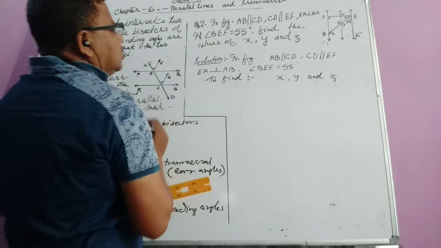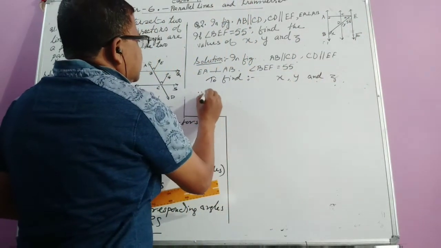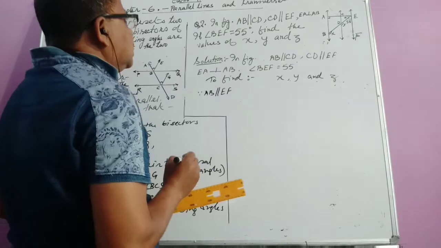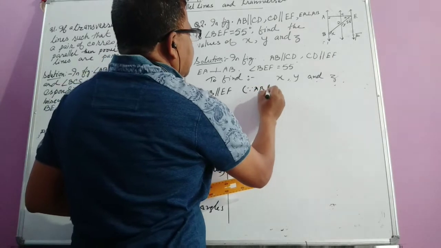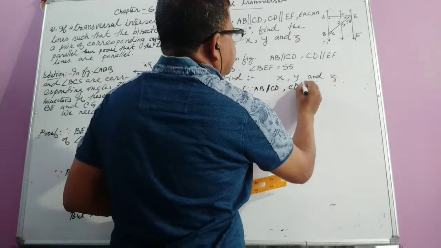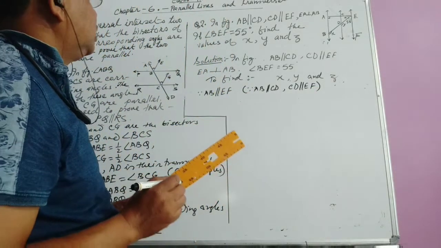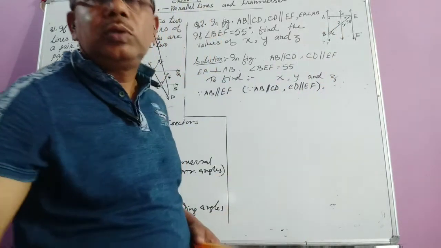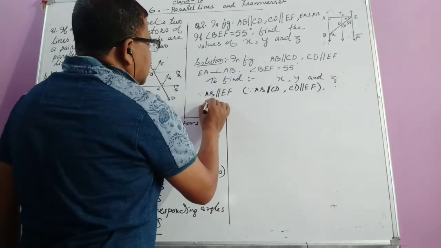At first, since AB is parallel to CD and CD is parallel to EF, we are able to say that AB is parallel to EF, and BE is their transversal.